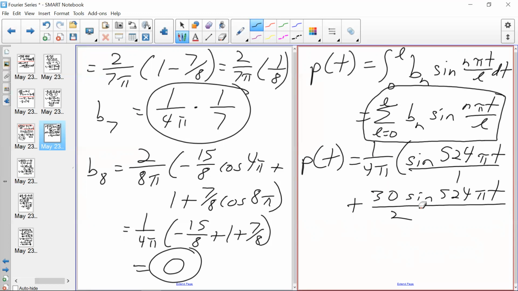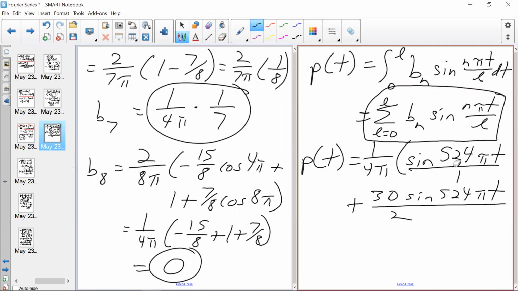That's the second b term. B sub 2 is 15, 1 over 4 pi. So we're not just writing 15, but we're making the equivalent of 15 in terms of the second term in the series of this pressure function.